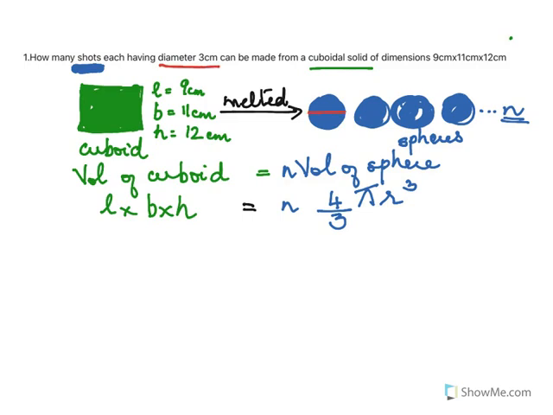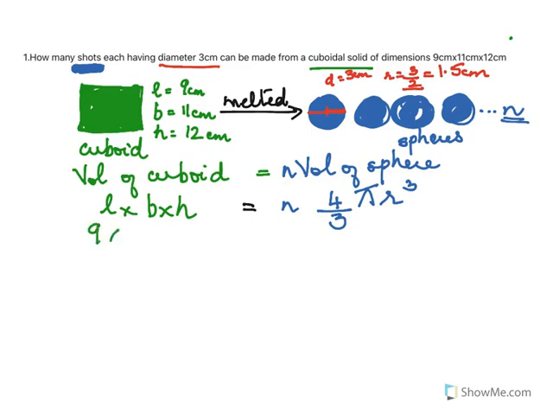So d equals 3 centimeters. So what would the radius be? Half of the diameter. So the radius would be 3 by 2, 1.5 centimeters. Or you can keep it also 3 by 2.